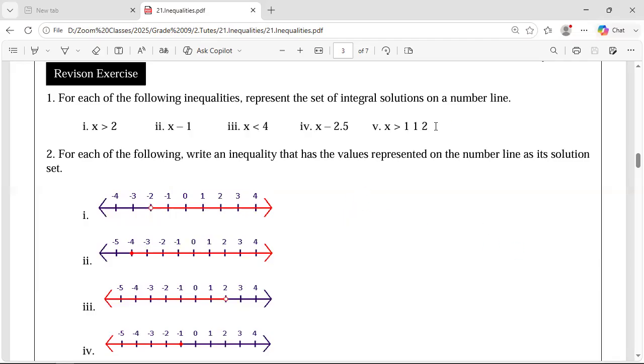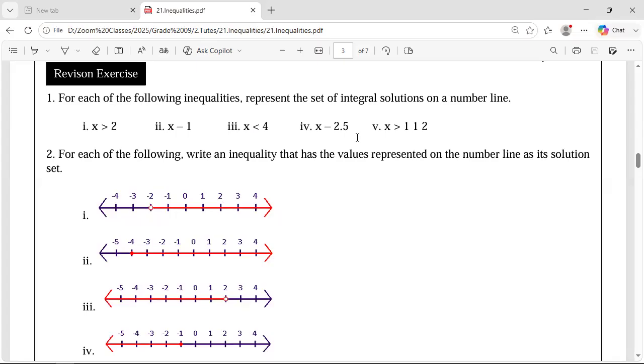Now you know how to do the first part, but now you need to learn how to write down the inequality by looking at the number line. That is an easy thing, right? If you know how to represent these values, that is the reverse engineering of that. By looking at this number line, you have to write the inequality.